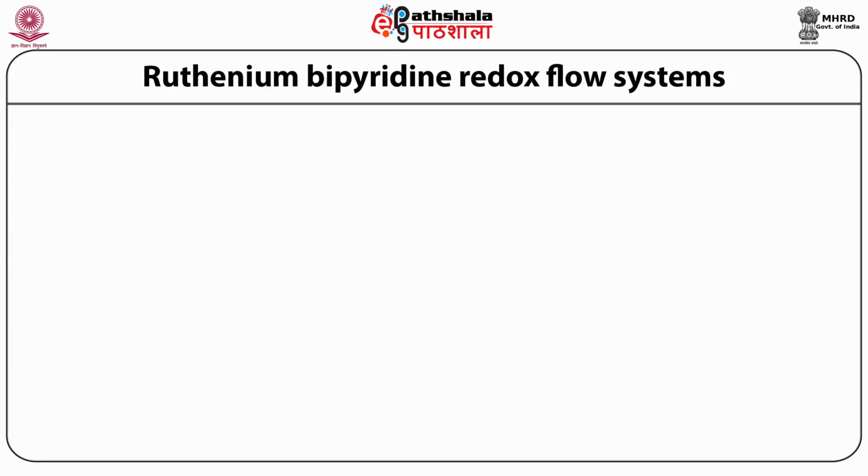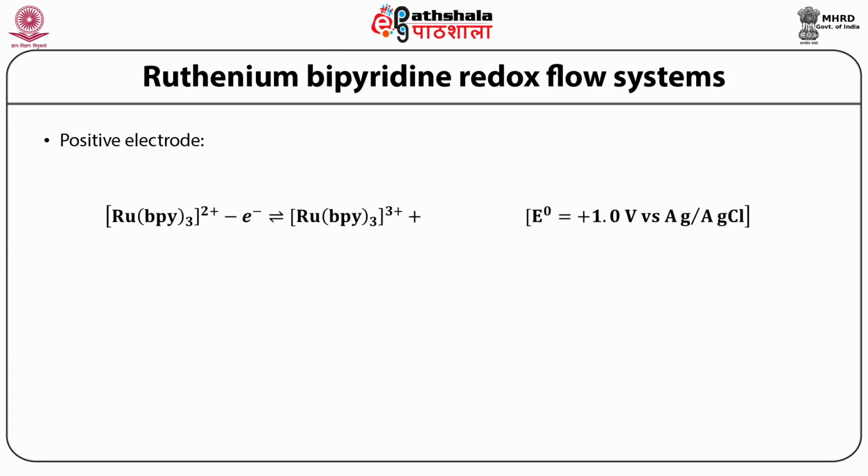There are certain reactions which govern this mechanism, explained as follows. At the positive electrode, Ru(bpy)3 2 plus, minus 1 electron, charges or discharges to give Ru(bpy)3 3 plus, with E naught equal to 1 volt versus AgCl.